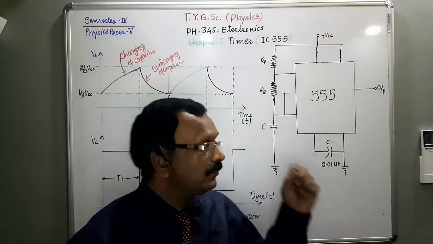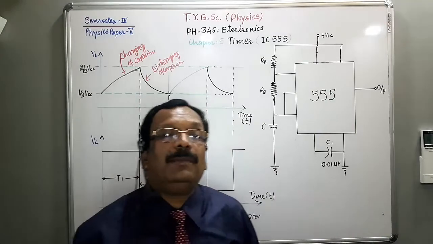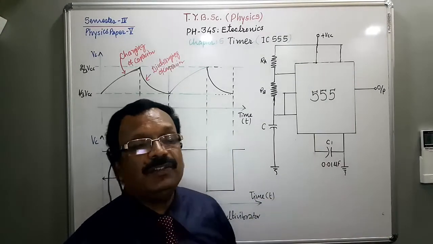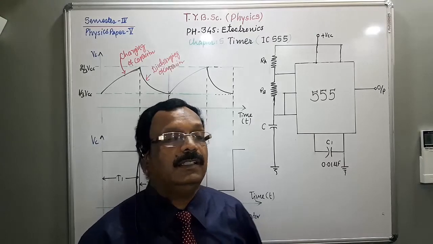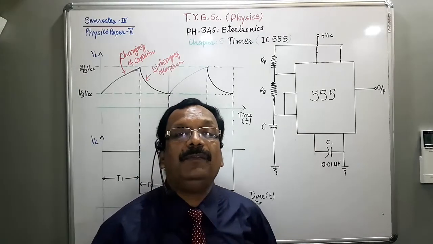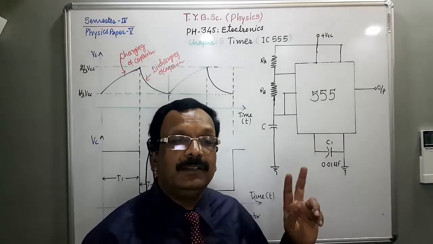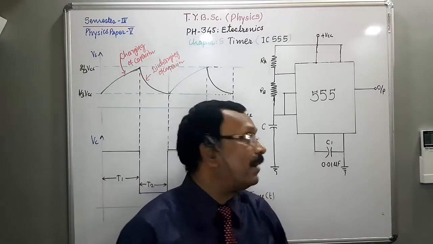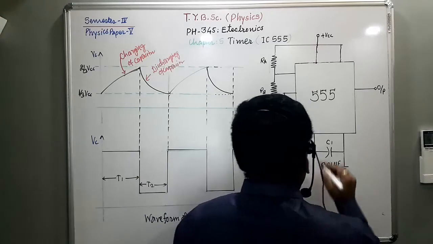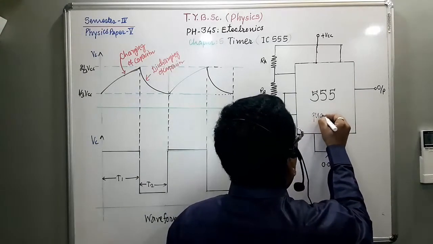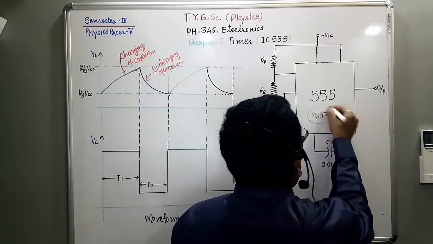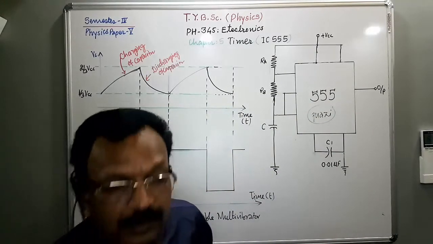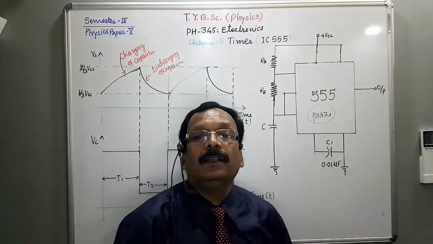We are going to see how this astable multivibrator works. An astable multivibrator is an oscillator. This astable multivibrator has two quasi-stable states. Quasi-stable means temporarily stable.